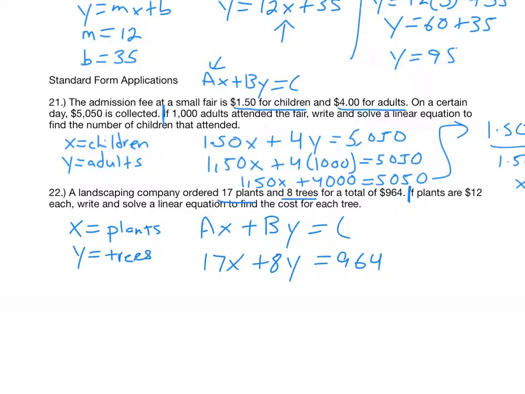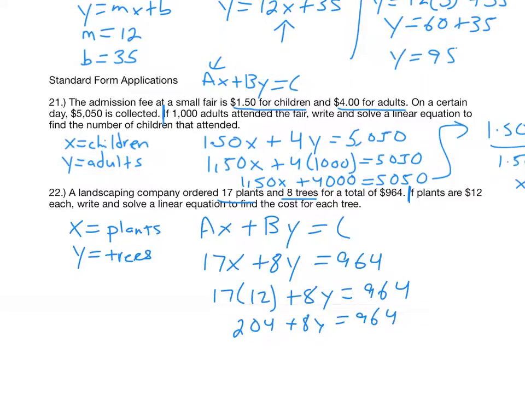Now, if plants are $12 each, write and solve a linear equation to find the cost of each tree. So plants. So where are we going to plug the 12 in? Are we going to plug it in for x or for y? Hopefully you said for x. So it'd be 17 times 12 plus 8y equals 964. So 17 times 12 is 204. And then you subtract both sides by 204.